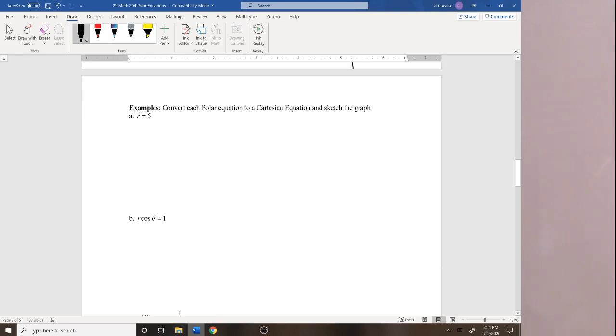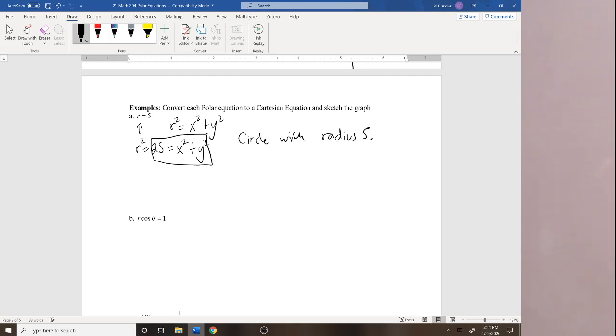So I'm thinking that we use the r squared equation here. And if r is 5, well then r squared is 25, and that equals x squared plus y squared. That, my friends, is the equation of a circle with radius 5.